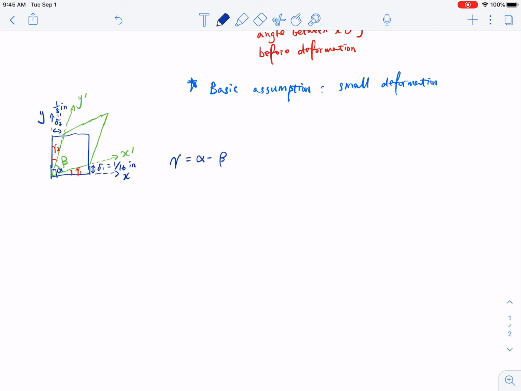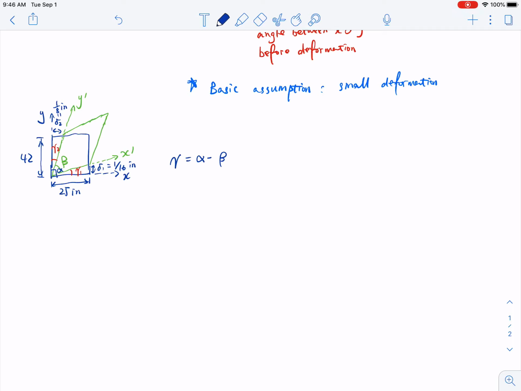And we also know that the original length here is 25 inch, and the original length here is 42 inch. Okay, those are the conditions.